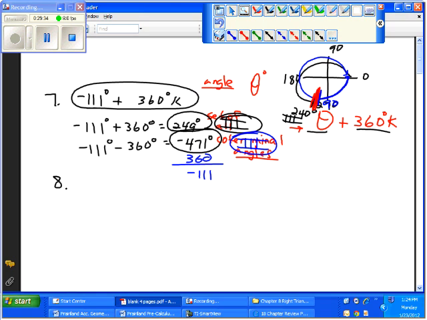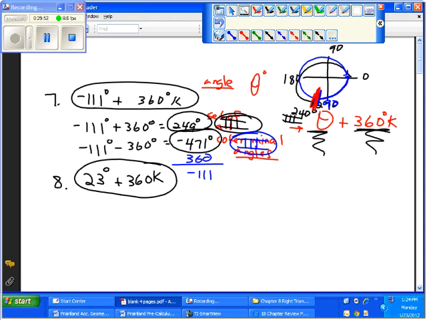Let's look at number 8. Number 8 is 23 degrees. That's our original. If you want the set of all coterminals, we're just using this formula, the angle plus 360K. So it's 23 degrees plus 360K. That is the set of all angles coterminal with the 23 degree angle.